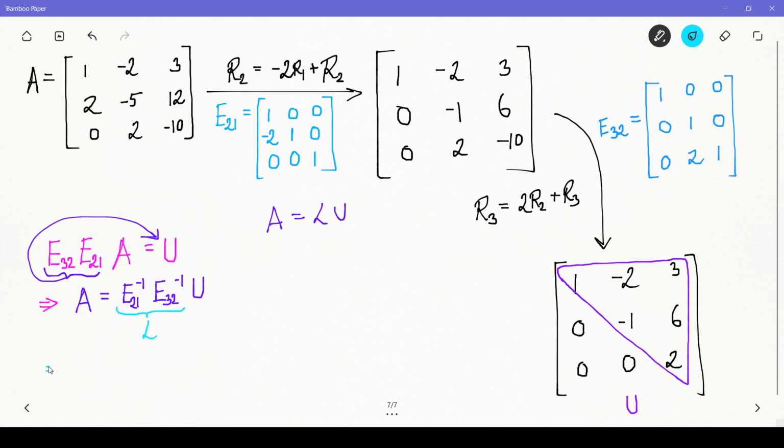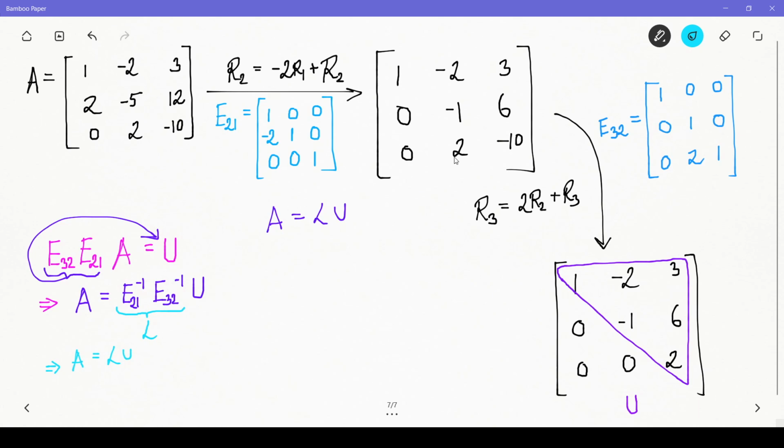So ultimately, if I multiply together all the inverse versions of these elimination matrices, of course in the order that I have specified over here, I should get A equals LU, right? So the lower triangular matrix is basically the multiplication of the inverses of the elimination matrices.